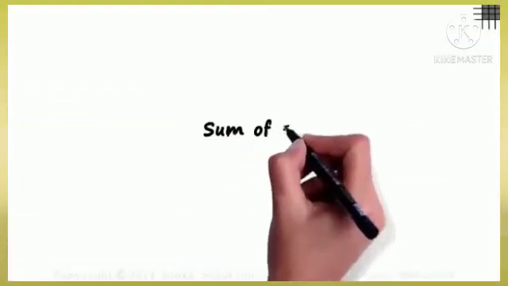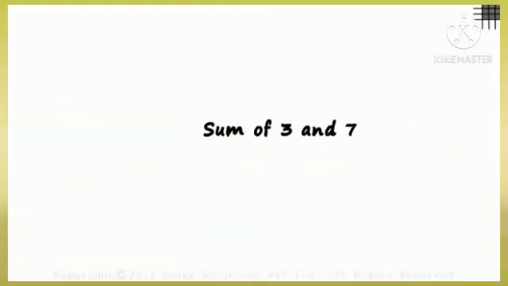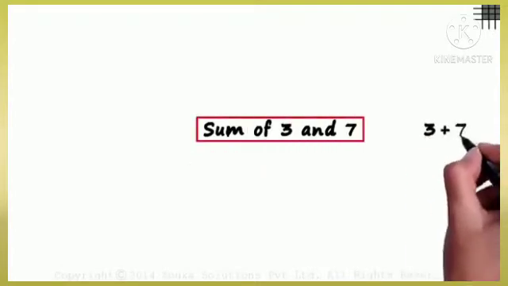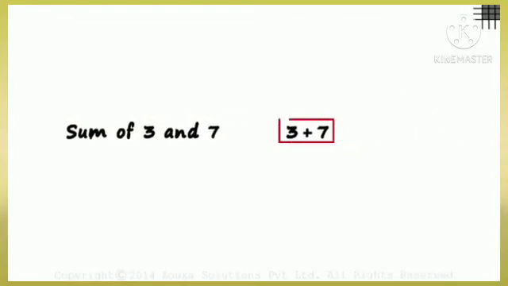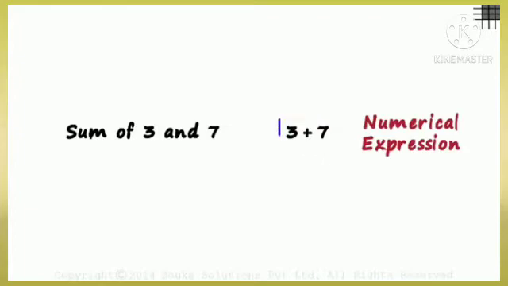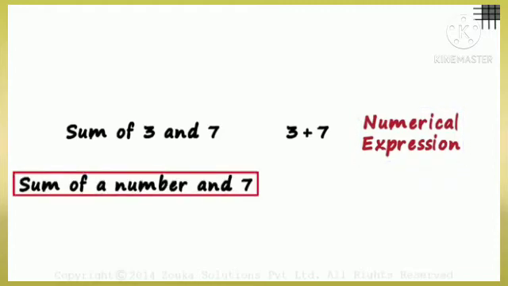Write the sum of 3 and 7 in a mathematical way. The word sum means addition, and we can write this as 3 plus 7. This is an expression, and as it has only numbers in it, it's called a numerical expression. Only numbers, numerical expression. Now how do we write the sum of a number and 7 in a mathematical way?